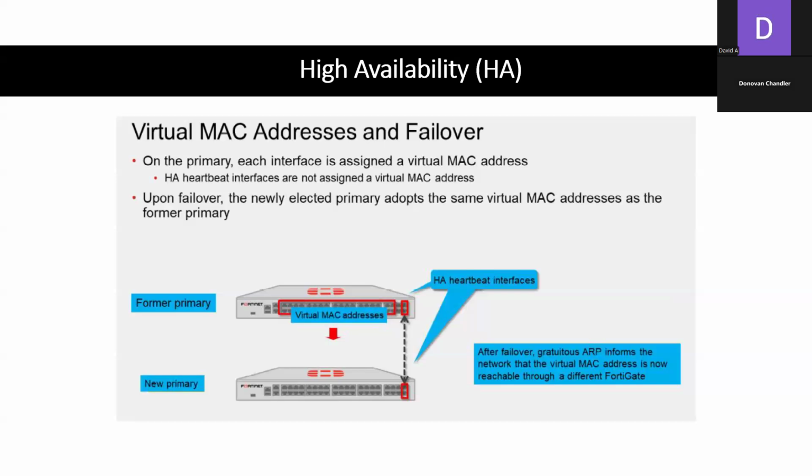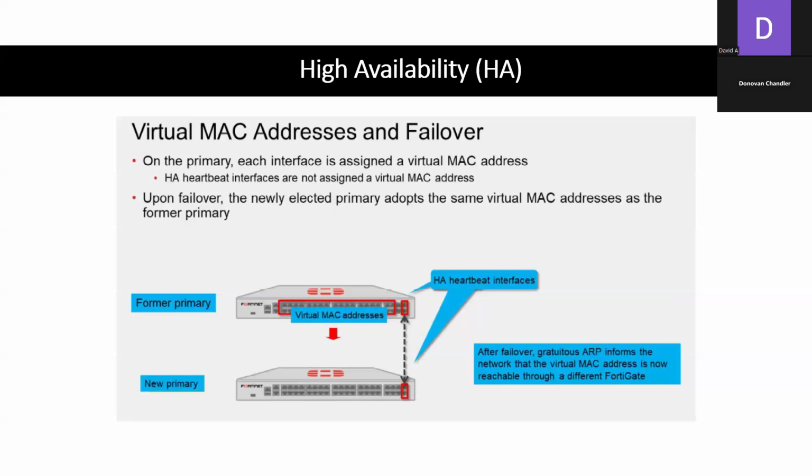Now, we're going to get a little bit technical. The new primary broadcasts GARPs. They're sent out whenever a failover does happen, to notify the network that a virtual MAC is reachable through a different switch port. Even though the virtual MAC won't change, a GARP still needs to happen so that switches and other devices know how to reach this FortiGate at the interface level, on the other device side, maybe the switch, not on the FortiGate.